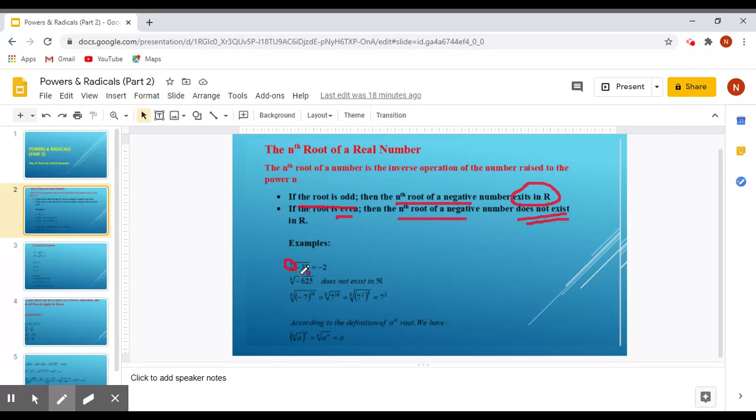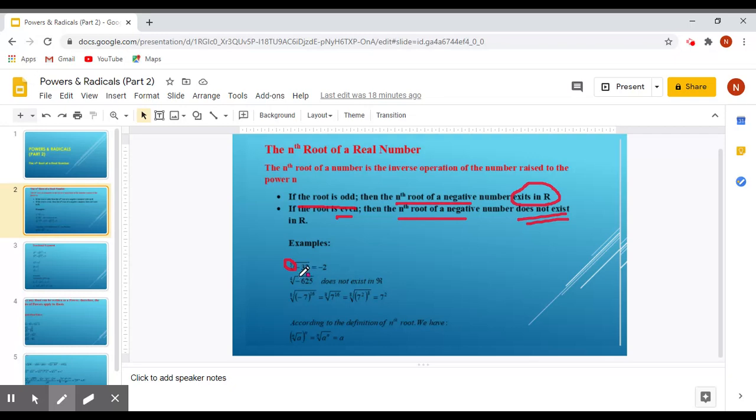So a negative number under an odd root exists, and the answer is -2, because -2 to the power 5 is -32. So the inverse operation of the fifth root of -32 is -2.